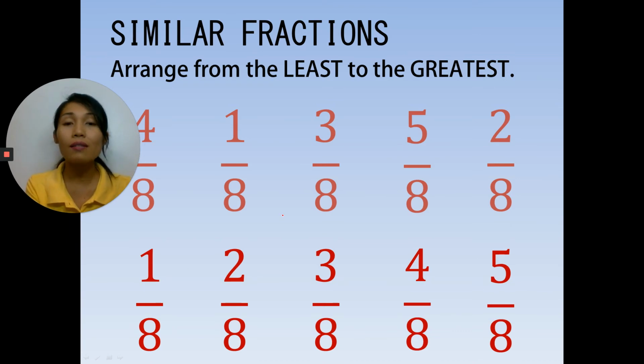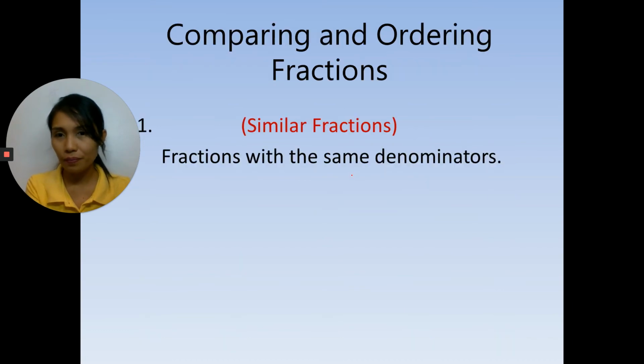So this is how we compare and order fractions that are similar. We base on their numerators. The smaller the numerator, the smaller the fraction.